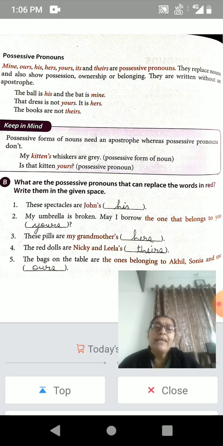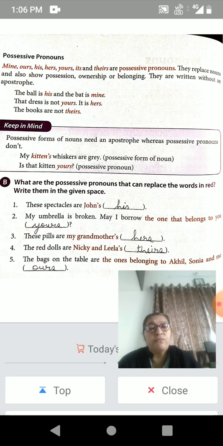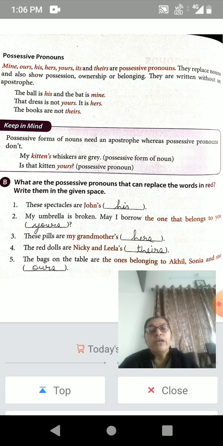Now you properly understand possessive form of noun and possessive pronoun. Without an apostrophe, it's a pronoun, and with apostrophe, it's a possessive form of noun. Now we go as per exercise B.